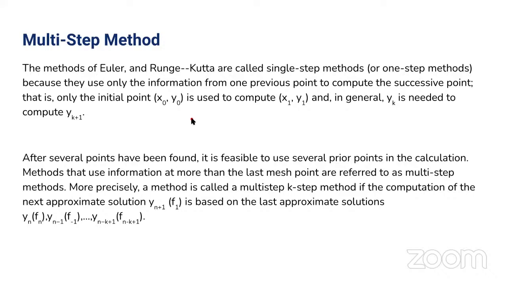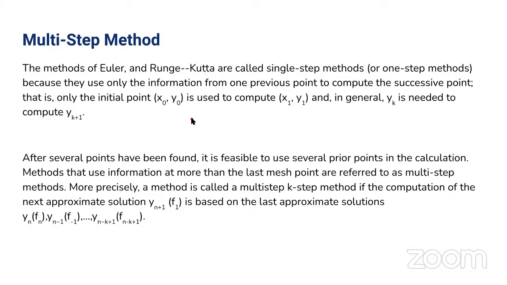So the methods of Euler and Runge Kutta are called single-step methods or one-step methods because they use only the information from one previous point to compute the successive points. That is, the initial point x naught, y naught is used to compute x1, y1. And in general, yk is needed to compute yk plus 1.